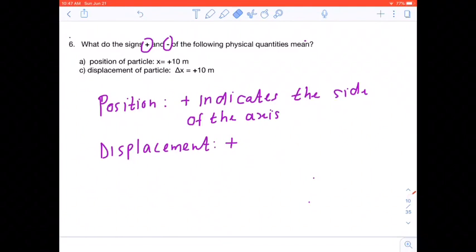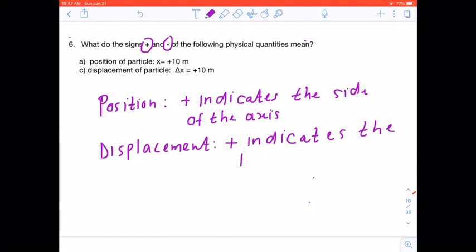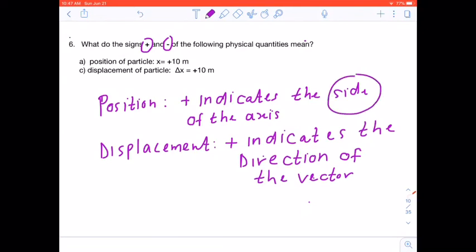Positive indicates the direction of the vector, whether we're dealing with displacement or force. With position, the sign indicates the side; here it indicates the direction. There we have it.